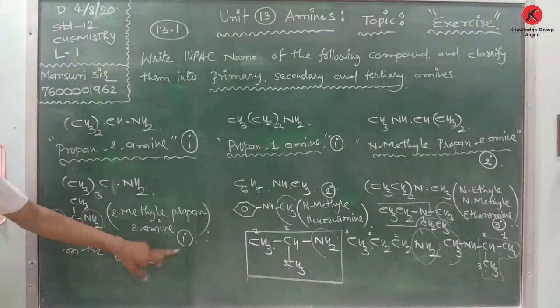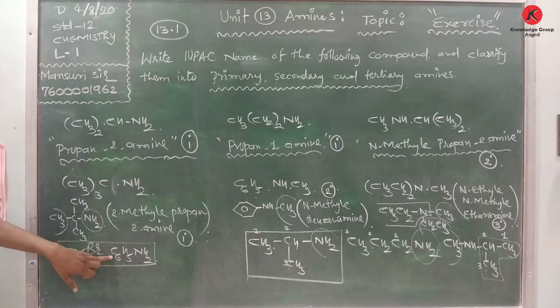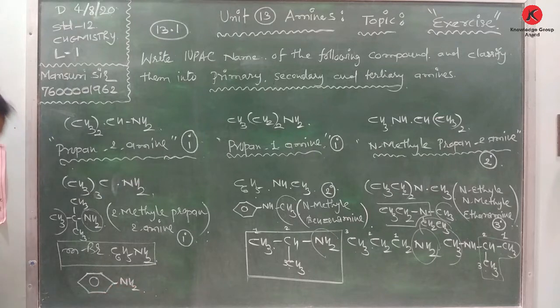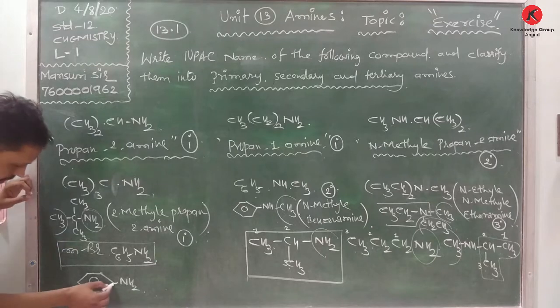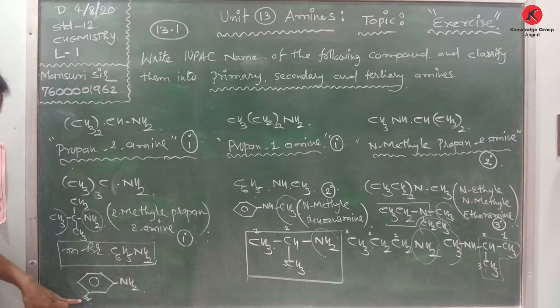This is a primary amine. Now we are moving to bromobenzenamine. Over here, a benzene ring is given to you, NH2 is also given, and the meta position contains a bromo group. So here 1, 2 and 3. Bromo is on the meta position, that means meta-bromoaniline.